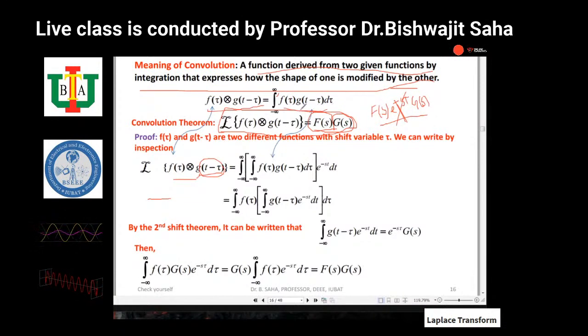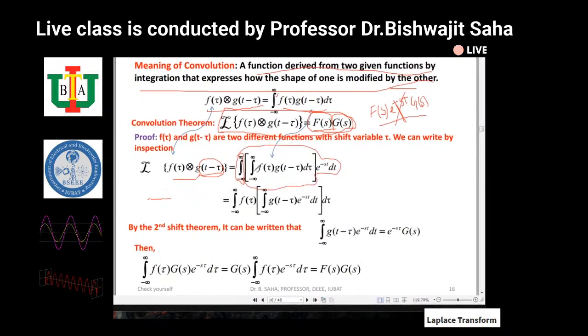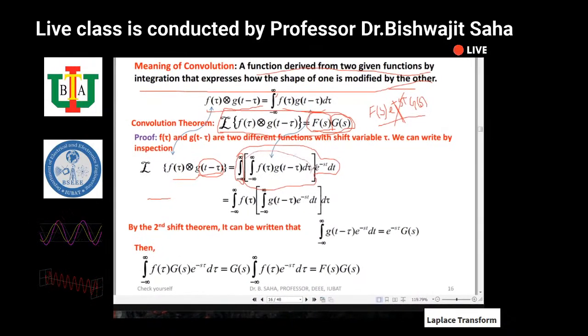So we can write this function. This is the Laplace transform, and this is the original function that we have already in the first line.